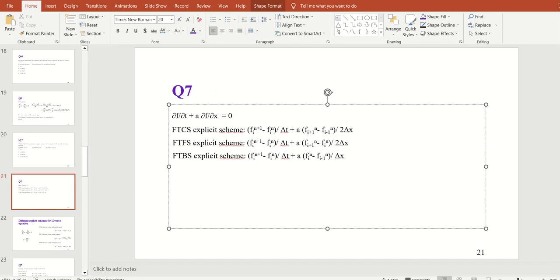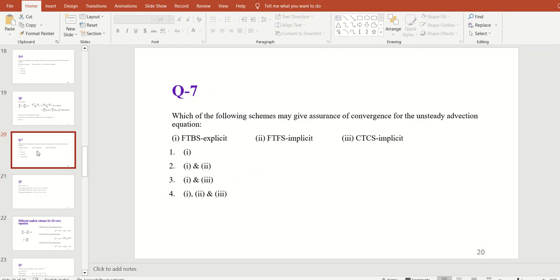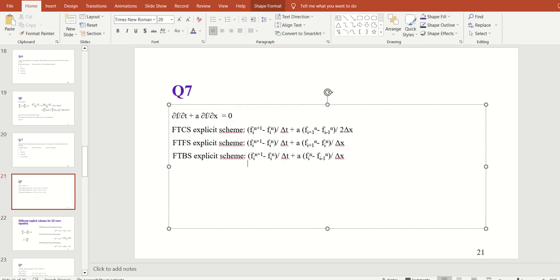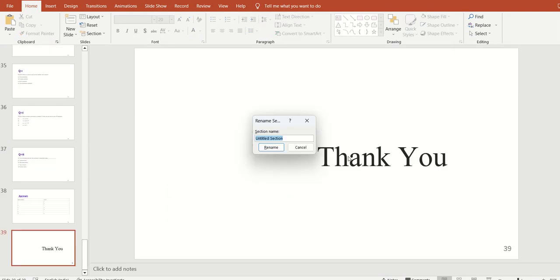So this would be the difference between forward time central space, forward time backward space and forward time forward space. And one more thing that was asked is central time and central space. All these are explicit schemes. That's what we should be noting over here.